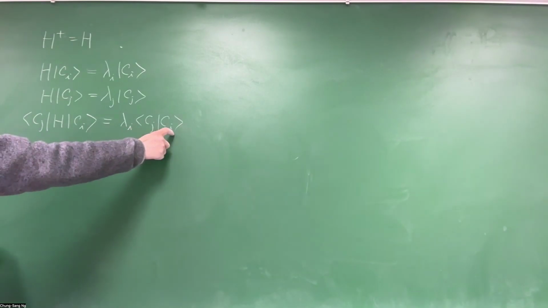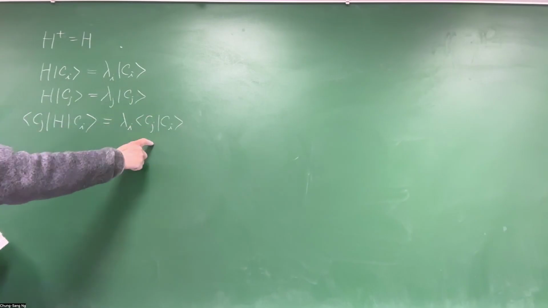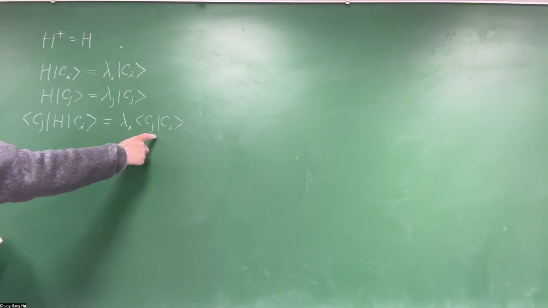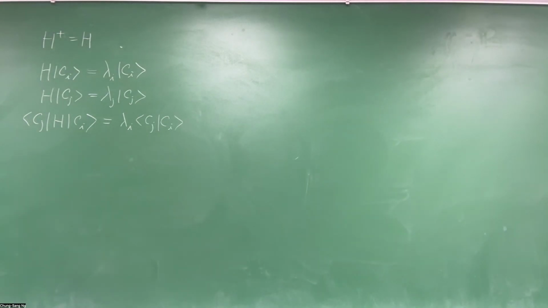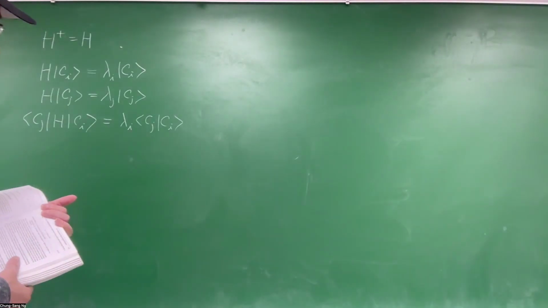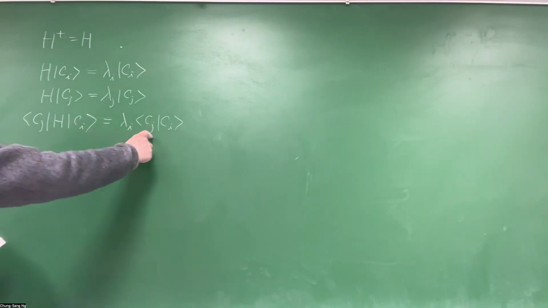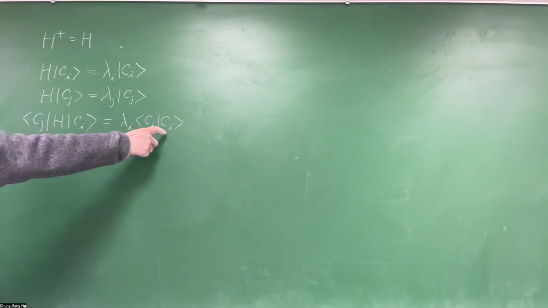And this is not zero, even for i not equal to j, because these things are not normalized. We don't know if they're normalized yet. So we'll keep it general. We'll show that they are orthogonal later on, but we'll keep it like this for notation-wise, right?